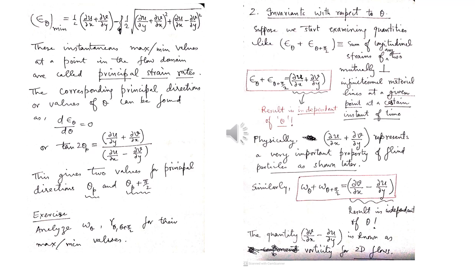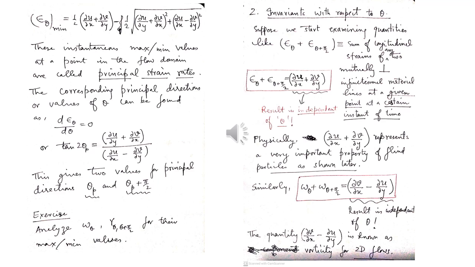So these instantaneous maximum minimum values at a point in the flow domain are called principal strain rates. Okay, you might have learnt in some earlier courses in solid mechanics principal stresses and maybe even principal strains.